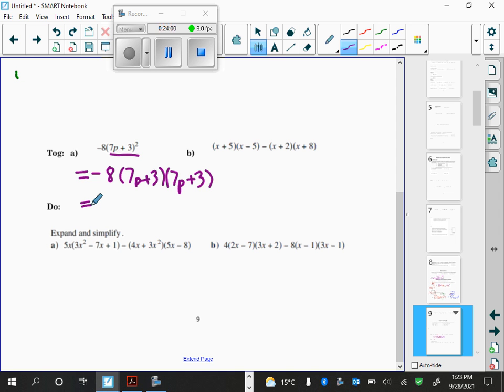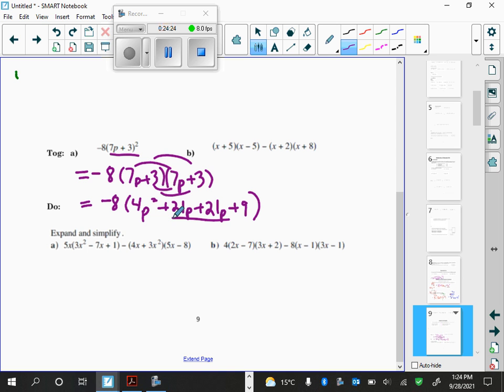They actually do it one way on the handout. Let's do it this way. Okay, so negative 8, I'm going to do it like I said. Maybe it's easier to FOIL first or do the shortcut. You have 49p squared plus 21p plus 21p plus 9.